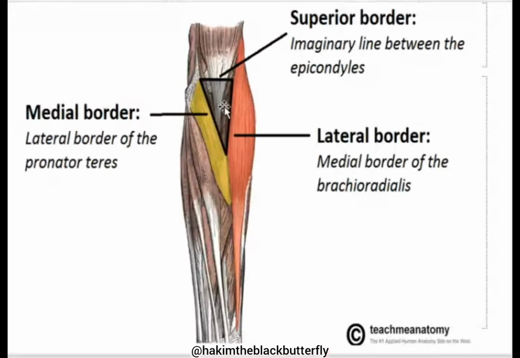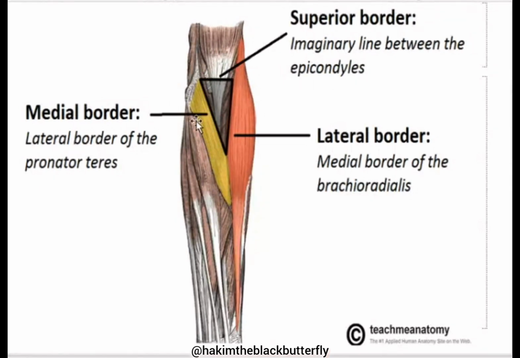And the medial border, you can see, this is the medial border. It is made up of this muscle known as Pronator teres. It is a muscle of the anterior compartment of the forearm. But I want you to pay attention to this.